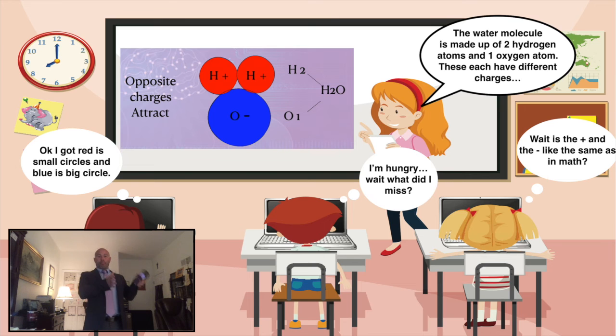Problem is she's way behind the teacher, and the teacher's already 3 steps ahead of her or more. Then you have the kid in the middle who says, wait, I'm hungry. Could be close to lunchtime. You never know what's going on with that student, but it's very normal for a student to be hungry. And then all of a sudden he's just like, oh, I just missed all that. And so he's way behind what the teacher said. He didn't get any of it.